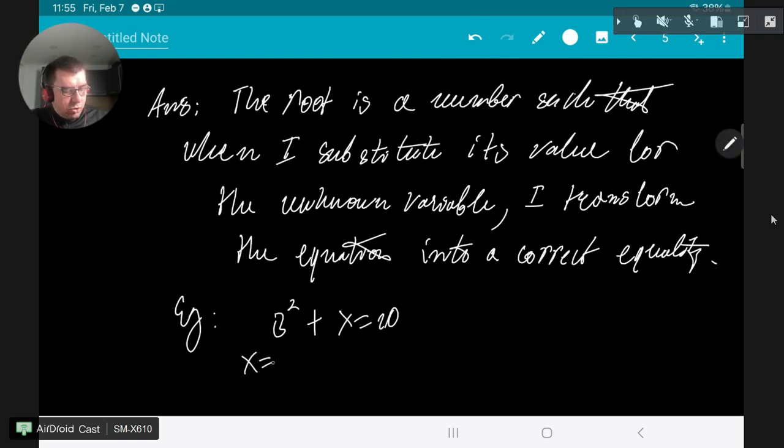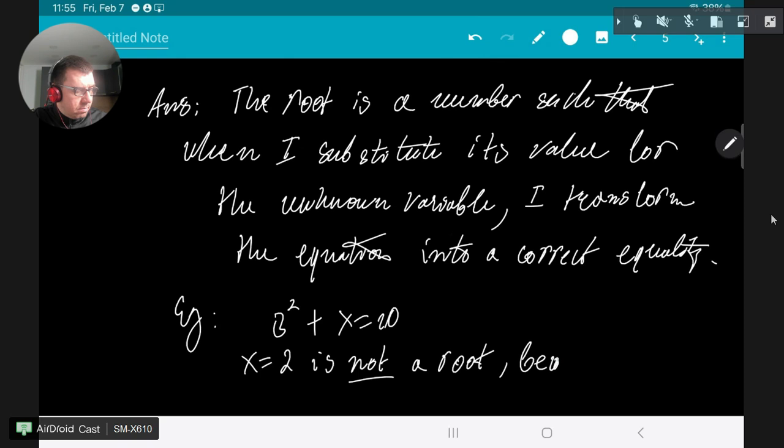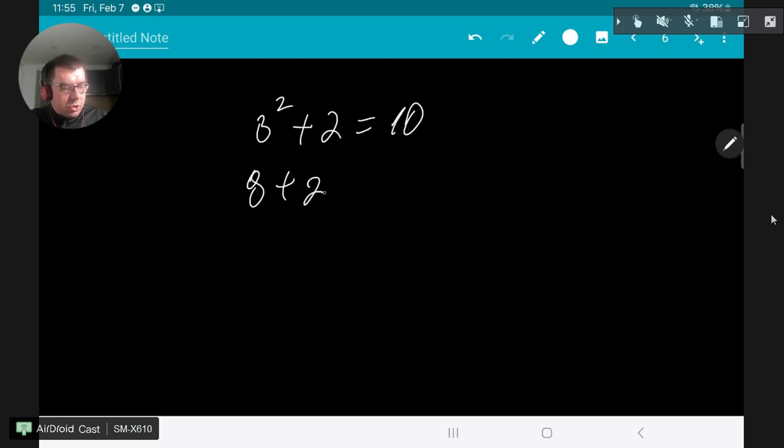So x equals 2 is not a root because if I substitute 2 instead of x, I have 3 to the power of 2 plus 2 equals 10, 9 plus 2 equals 10, 11 equals 10, right? So this is not a correct, it's an incorrect equality.